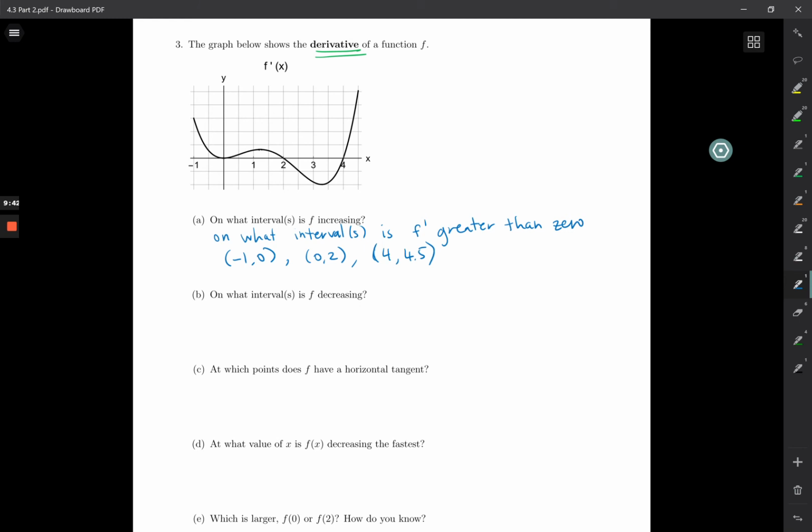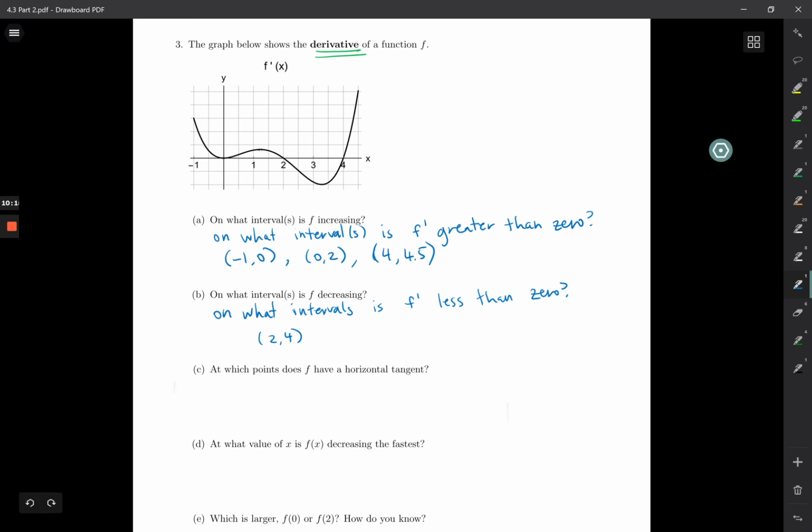So just to be complete, converting this into a question about the derivative, this is asking on what intervals is f prime less than 0. And so that will be from 2 to 4.